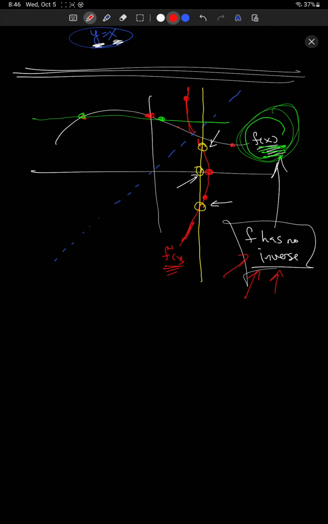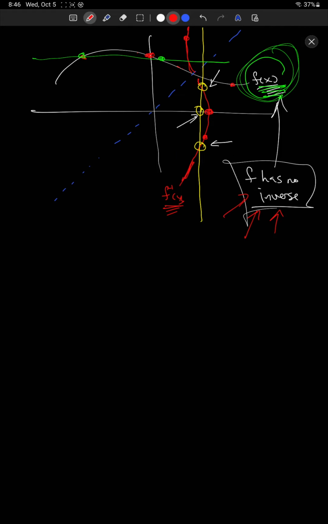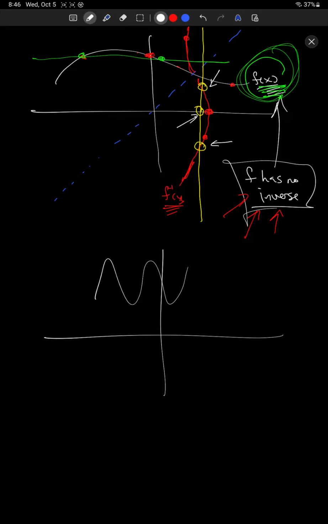So in terms of pictures, in short, if your original function f of x fails the horizontal line test, so if your original function looks like this, which is of course something like a sine function, you have a horizontal line here that touches at multiple places. What that means is it's not invertible. It's not going to have an inverse, because the inverse is going to have many inputs with many outputs.